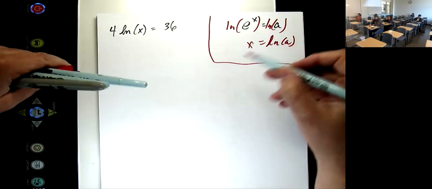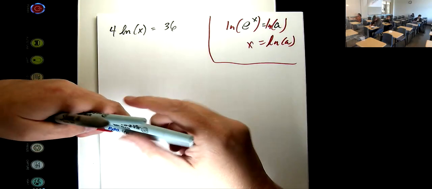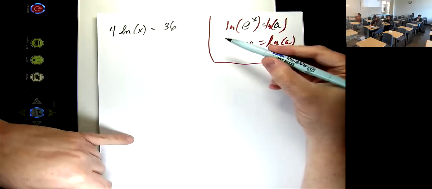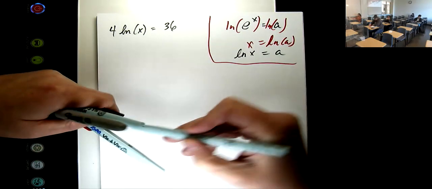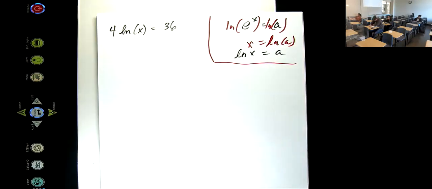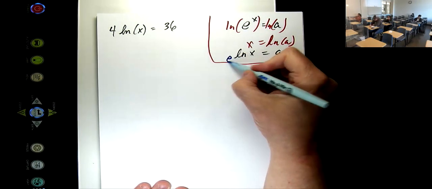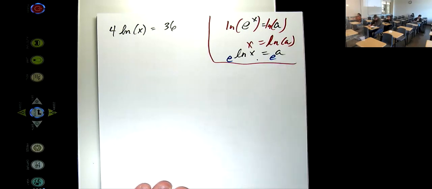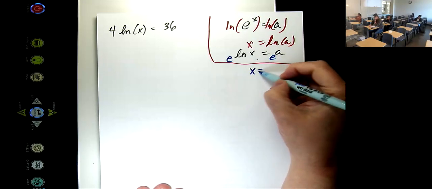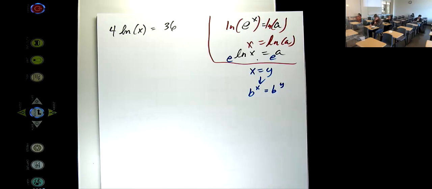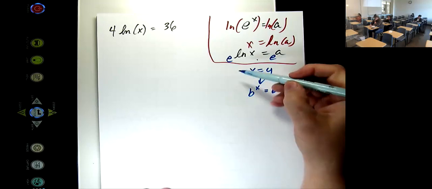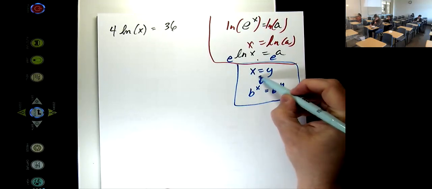We can do the same thing here, but we need natural log of something equals a, and we can raise both sides, treat both sides as an exponent. So if x equals y, that's the same thing as b to the x equals b to the y. These are interchangeable.